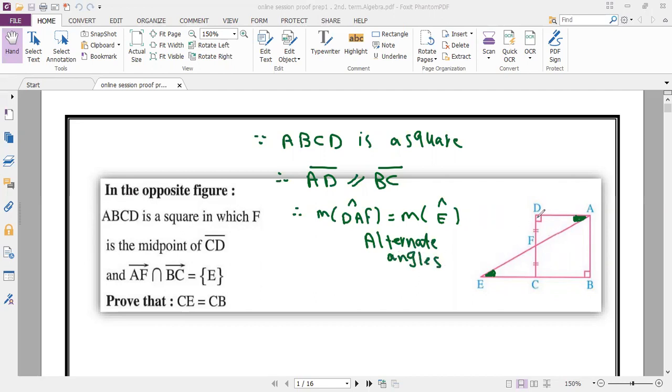And here we have this angle and this angle. They are equal because they are vertical angles.